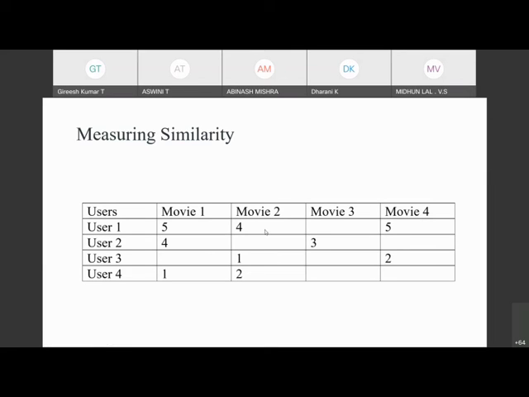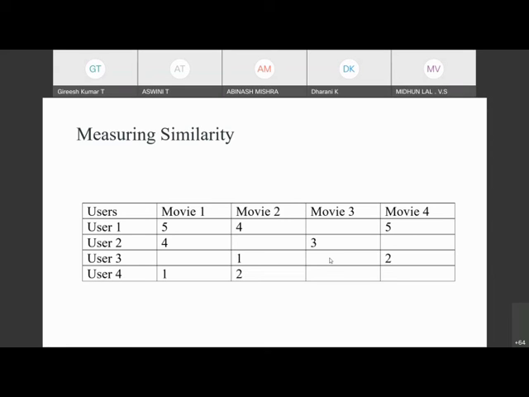For movie 4, user 1 gave 5 and user 2 has not reviewed. For user 3, the first movie is not reviewed, the second movie is reviewed but given a very low score, the third is not reviewed, and the fourth movie he reviewed but gave a very minimal score. User 4 reviewed movie 1 with a very minimal score, and movie 2 also with a minimal score of 2. Movie 3 he has not reviewed, and movie 4 he has reviewed.